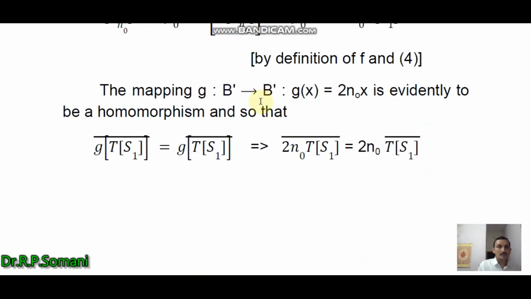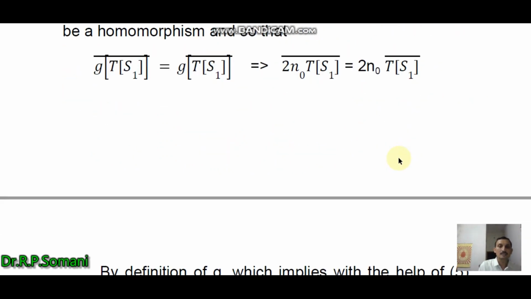Now we define the mapping G from B dash to B dash such that Gx equal to 2n0 x, which is evidently a homomorphism, and so that G T S1 bar equals G T S1 bar, and this implies 2n0 T S1 bar is equal to 2n0 T S1.